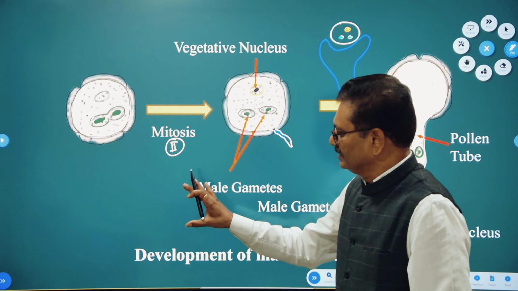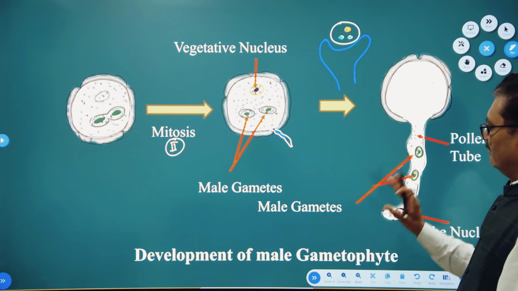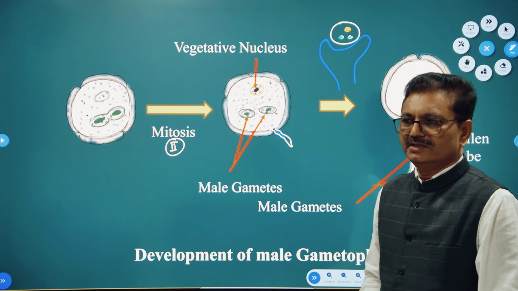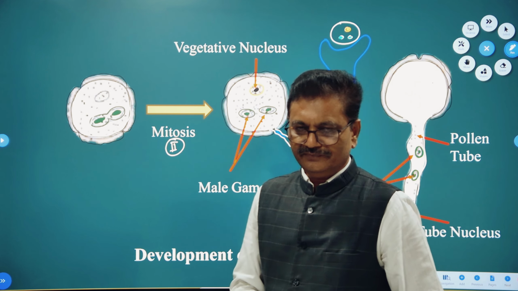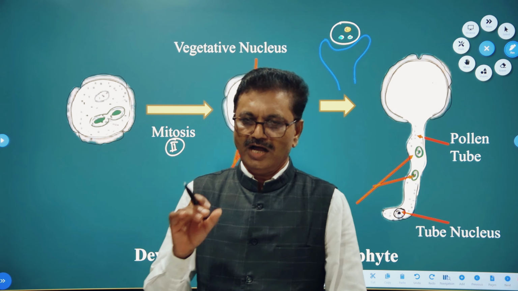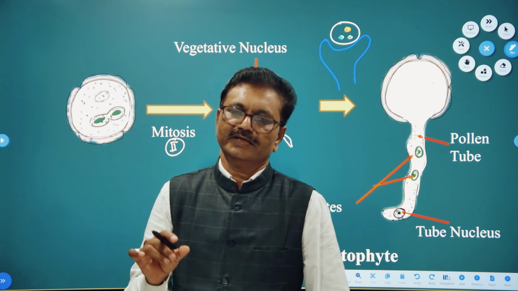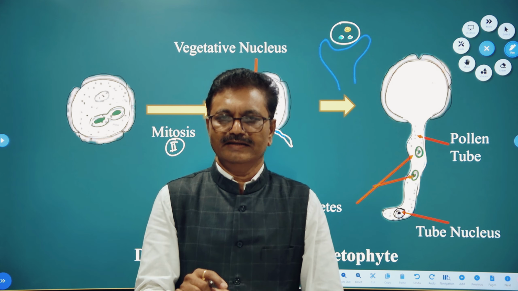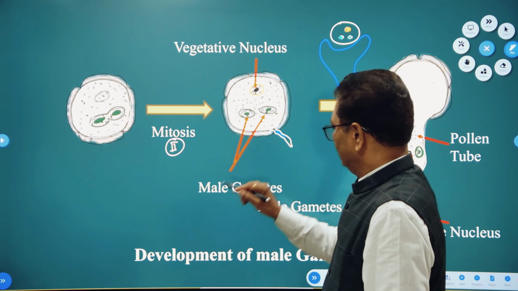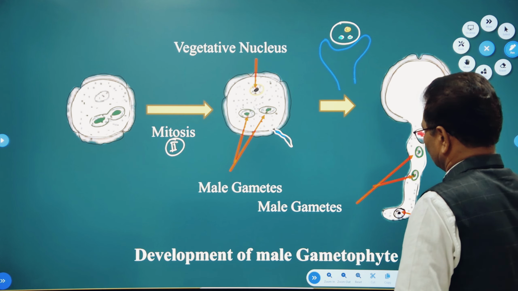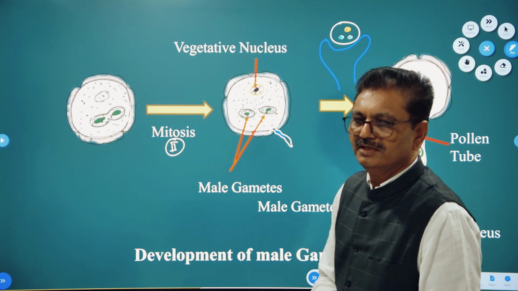So this is a typical male gametophyte development in angiosperms, a part of sexual reproduction. Okay. So how pollen grains are produced, how male gametophytes are developed from pollen grain and male gametes are formed, these are all the steps that we have studied.